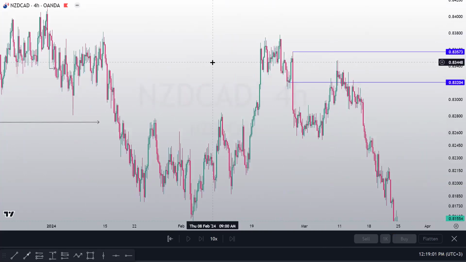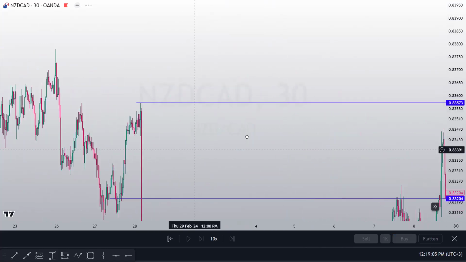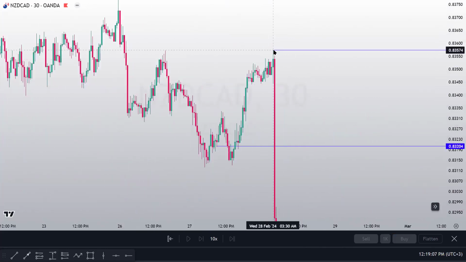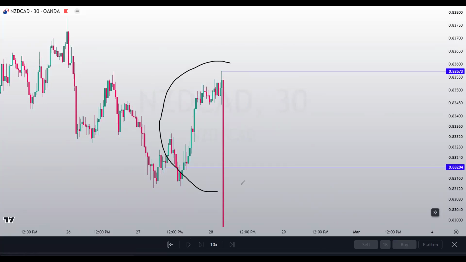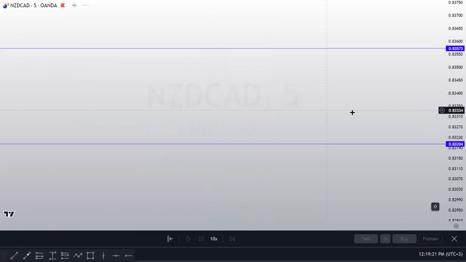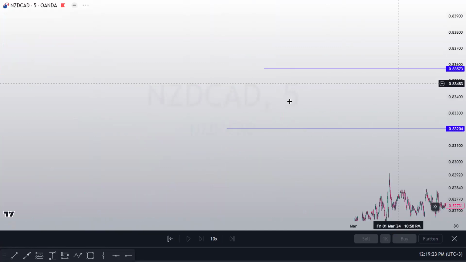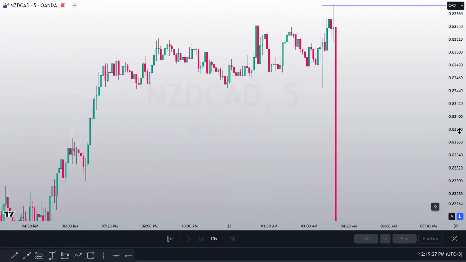So now coming to refine on the 30, I had this structure right here. A lot of students understand, if we see something like this, what should we be doing? A lot of them understand well. But clearly when you go to the 5 now, we took entry based on the liquidity flips.